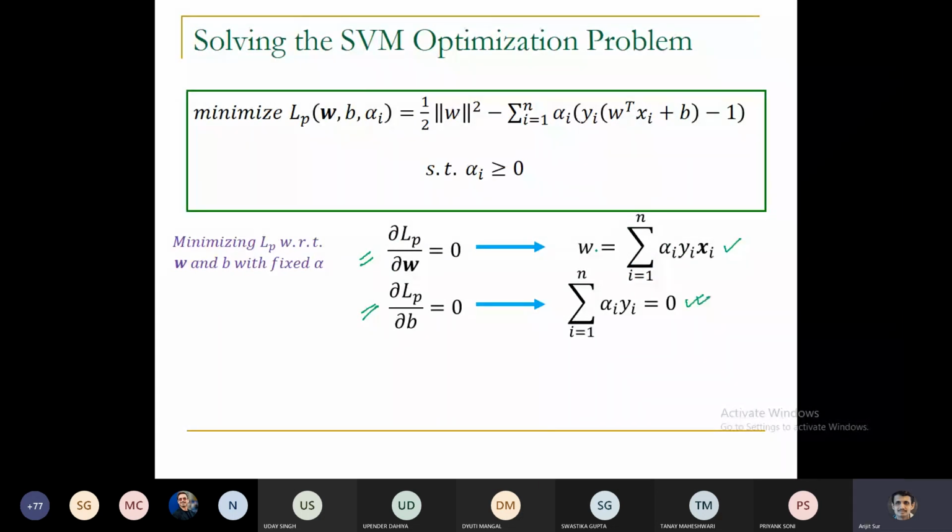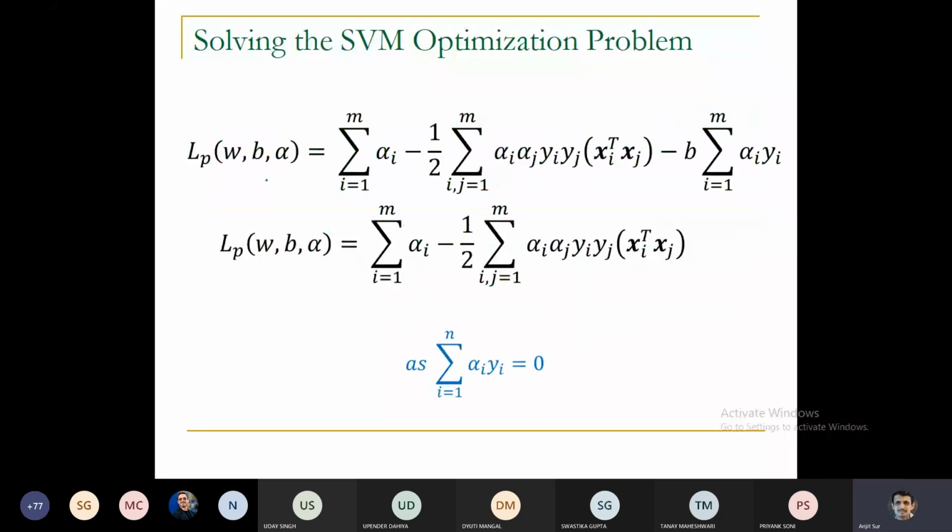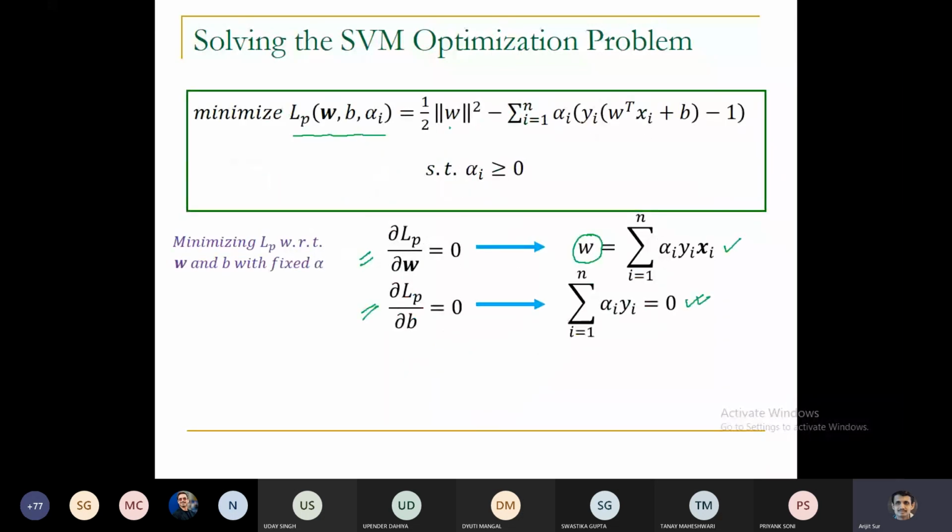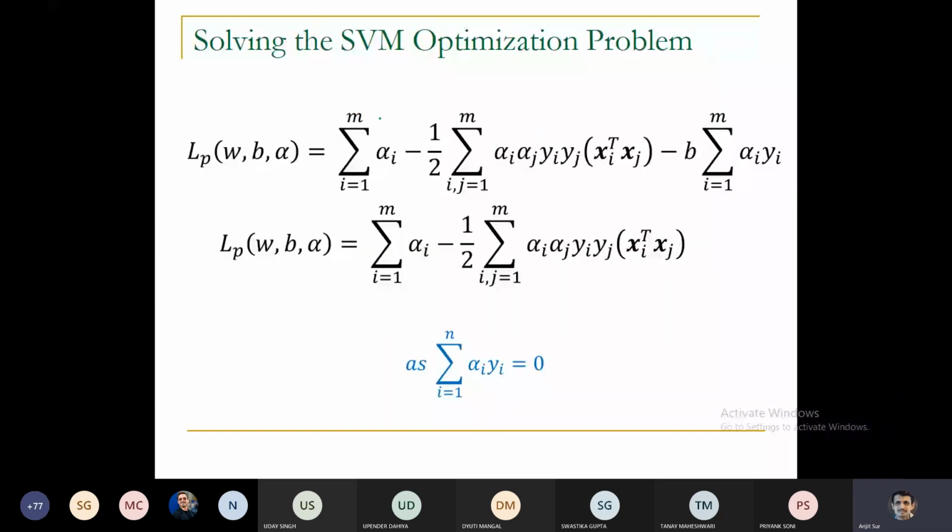If we put w into the L_P equation, what will it look like? Now this is the summation i equals 1 to m of alpha_i. We say w is equal to this sum of alpha_i y_i x_i.